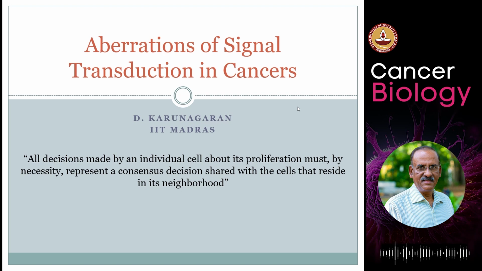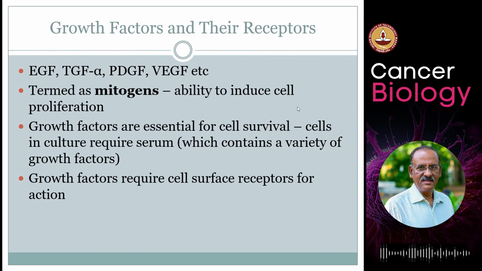As I told you in cancer biology, generally we say that the signaling pathways can be oncogenic signaling pathways or tumor suppressor signaling pathways. Both can be there. Naturally, growth factors and their receptors play an important role. So I have given some examples here. You can look at it.